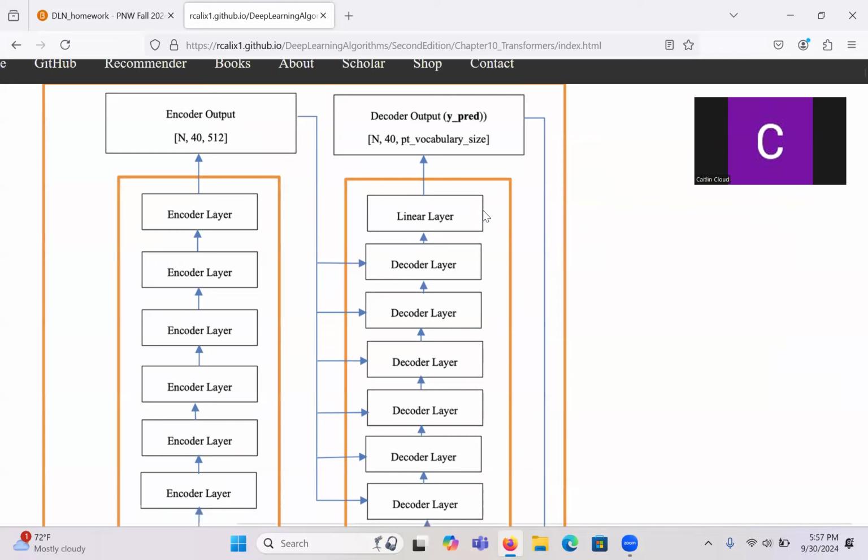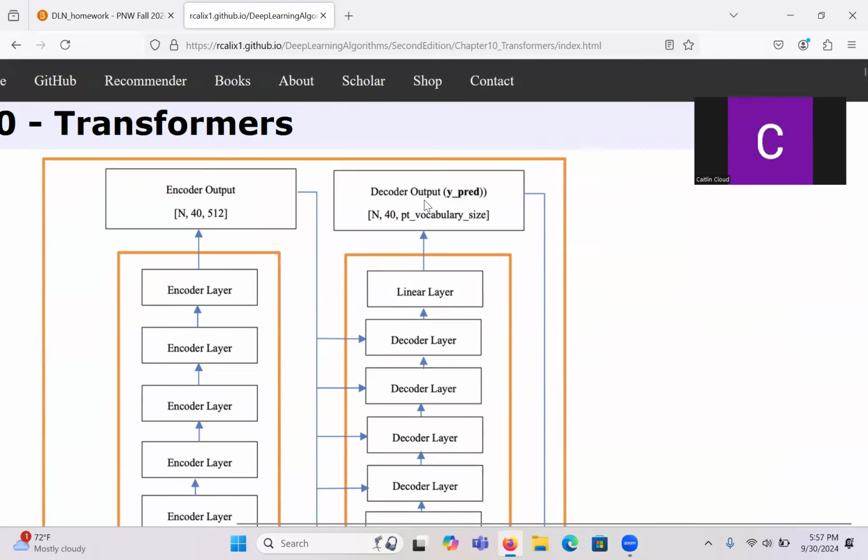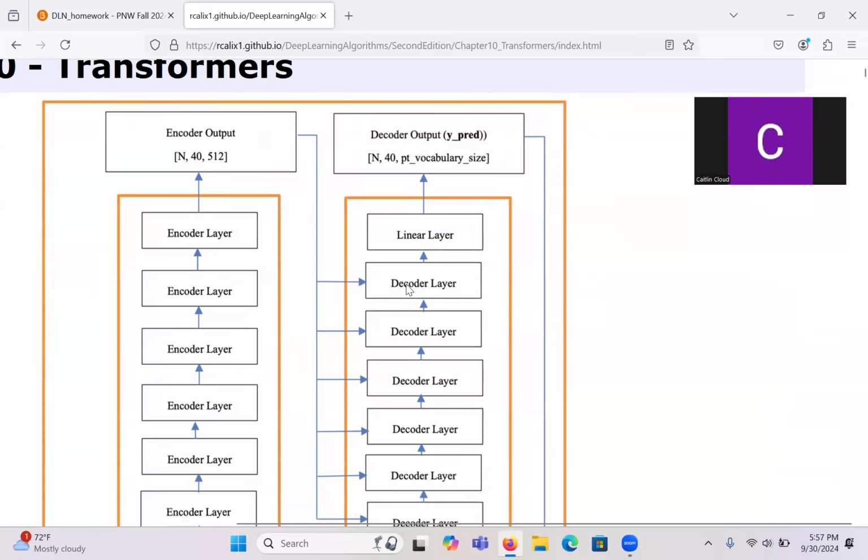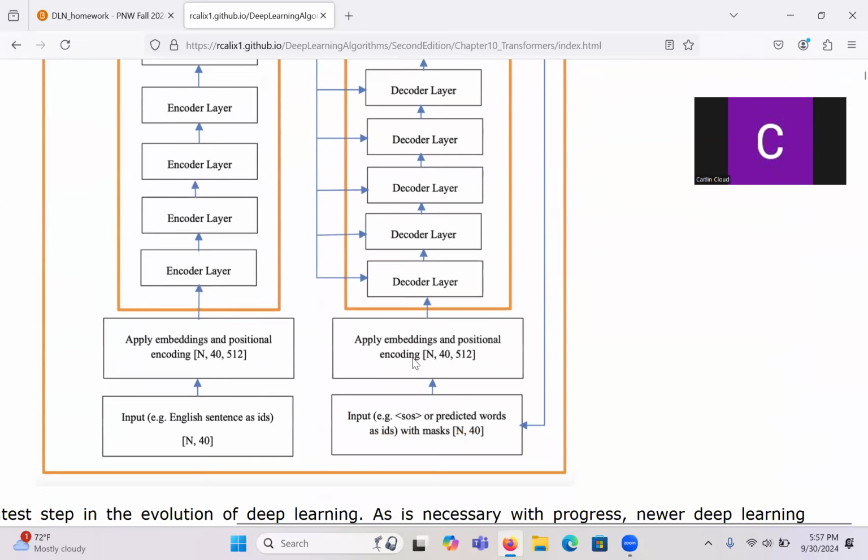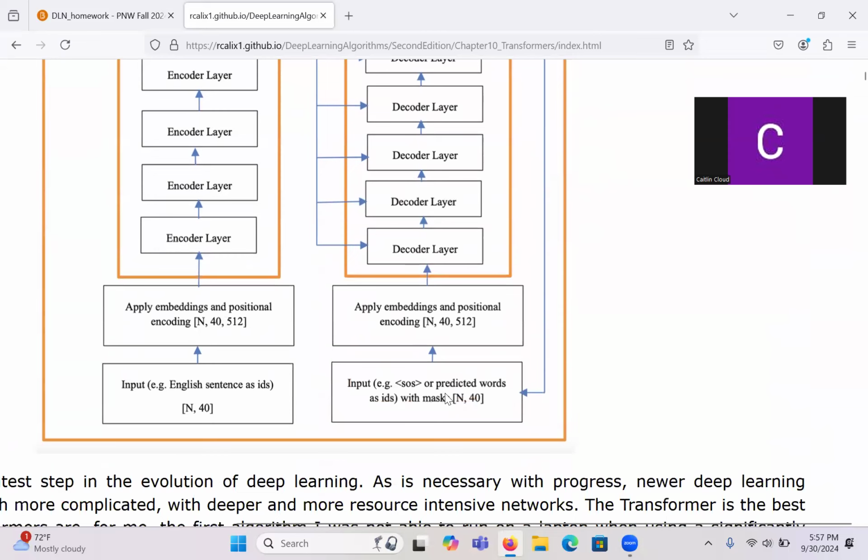So again, for the translation problem, whatever came out of the encoder was being used in the decoder section. But also the Portuguese sentence was coming in as input, and the shifted version of it was the output, right? So what happens next? Same thing, n by 40. So this is good to think about the transformer like this.